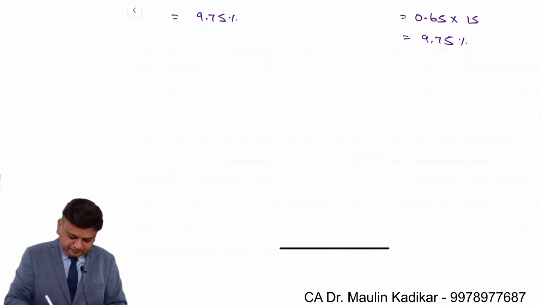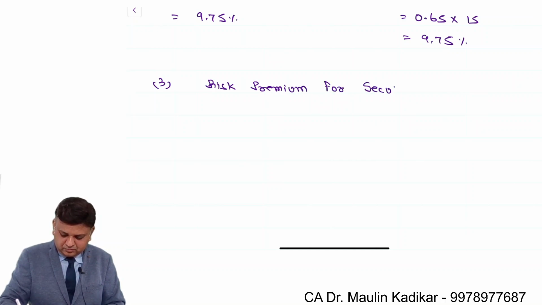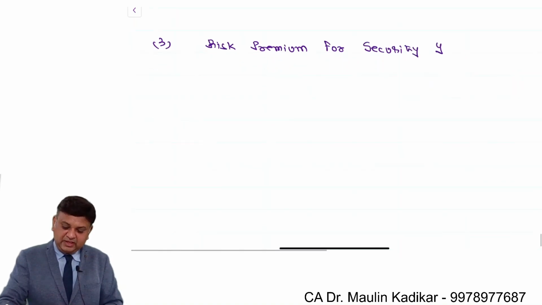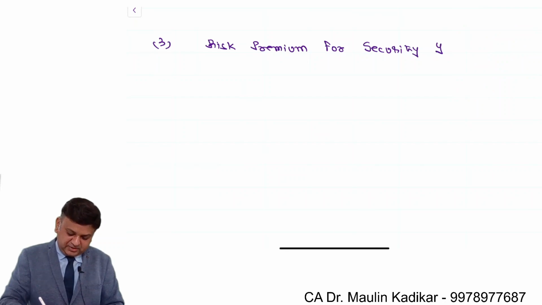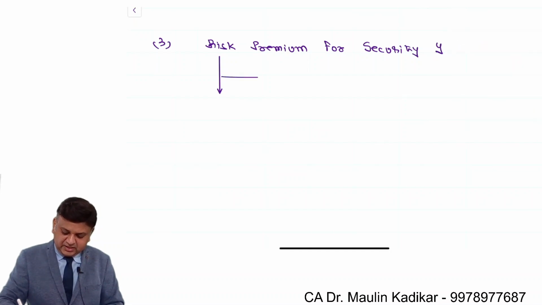Third question. Risk premium for security Y. Again, it can be calculated by two methods. One is the difference between the required rate of return and RF, and another is beta into (RM minus RF).